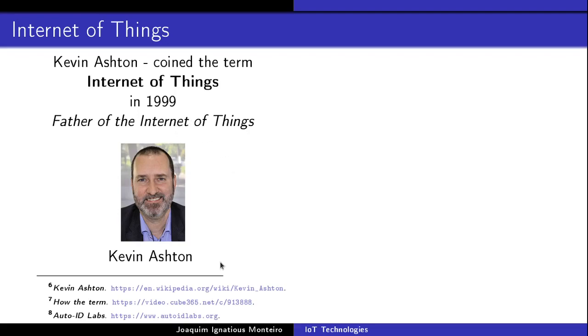This particular man, Kevin Ashton, was the guy who coined the term Internet of Things. So he can be regarded as the father of the Internet of Things. He was a pioneer in the sense he was working with very crazy people.